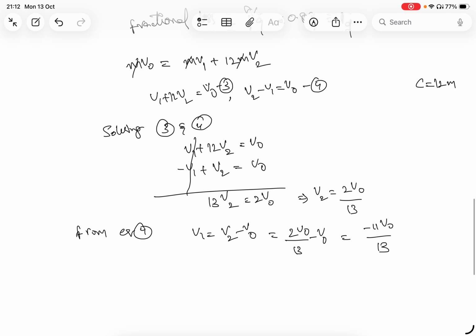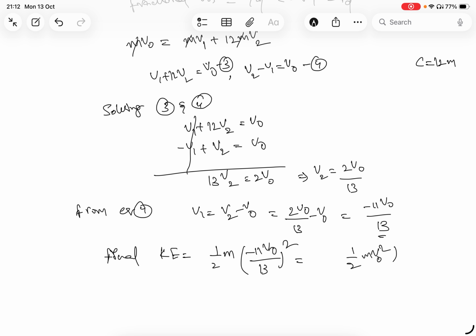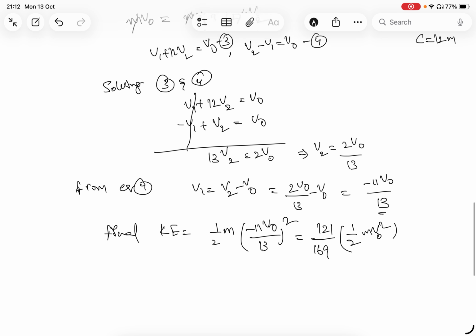Now, what is the final kinetic energy for the collision with the carbon nucleus? The final kinetic energy equals half m times v1, that is minus 11v0 by 13, whole square. In terms of the initial kinetic energy, this is half m v0 square times 11 square, which is 121, by 13 square, which is 169.